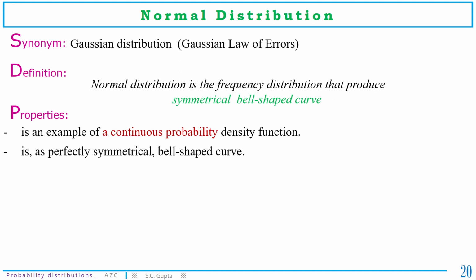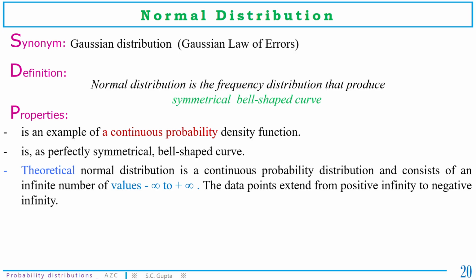Properties. Normal distribution is an example of a continuous probability density function. Normal distribution is a perfectly symmetrical, bell-shaped curve. Theoretical normal distribution is a continuous probability distribution and consists of an infinite number of values, minus to plus infinity.